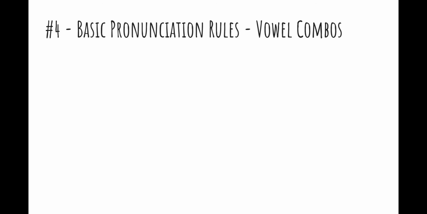Now, that really becomes important when we have these vowel combinations at a juncture where we're splitting syllables. So if we have a weak-strong combo, a weak vowel and a strong vowel in either order, the stress is going to fall on the strong vowel out of the two.